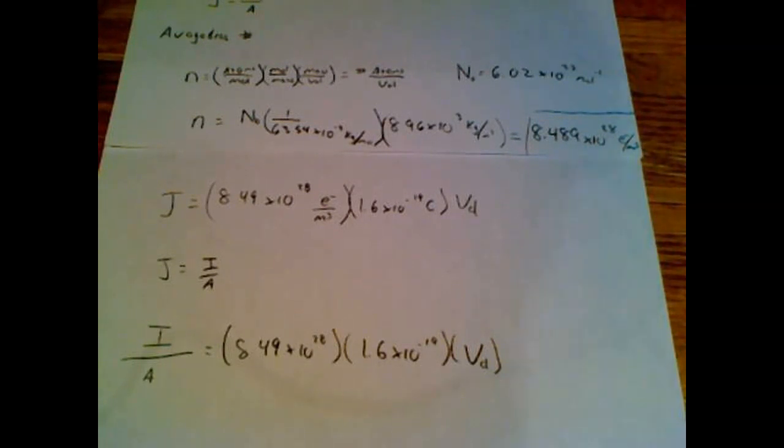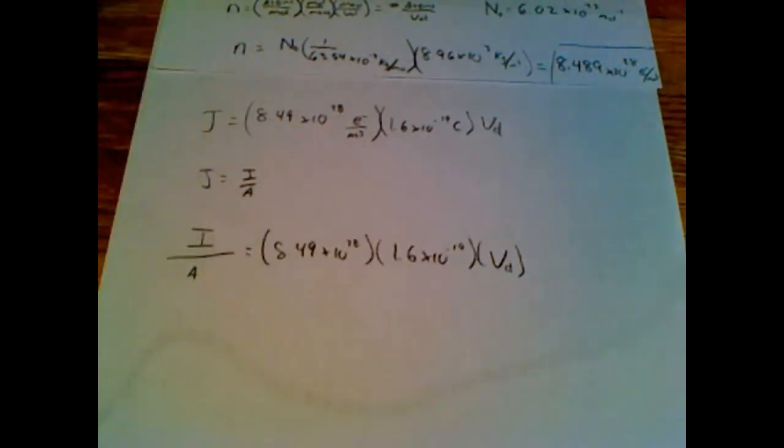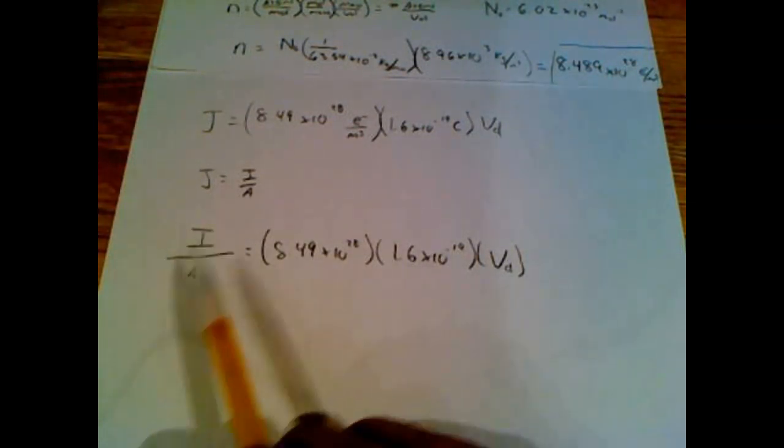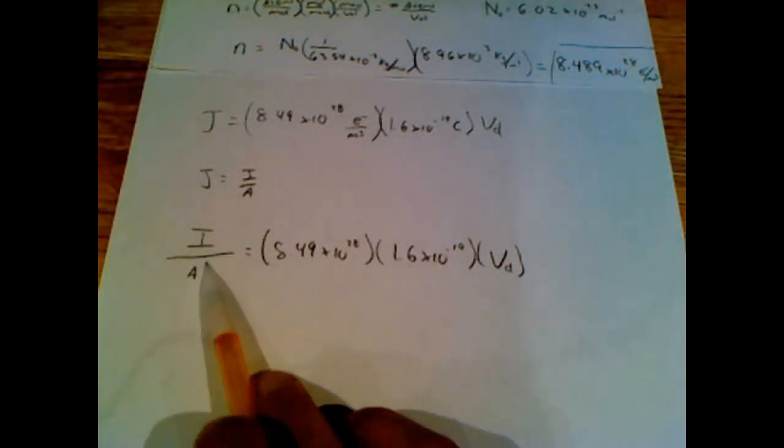I believe earlier I called J drift velocity as opposed to current density. If I did that, I'm not going back and re-recording this, so J is definitely not drift velocity. J is definitely our current density.